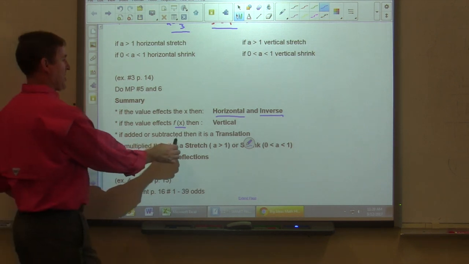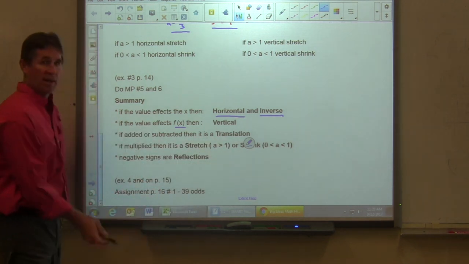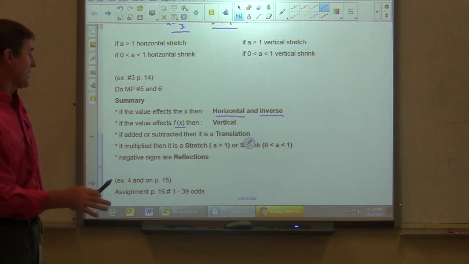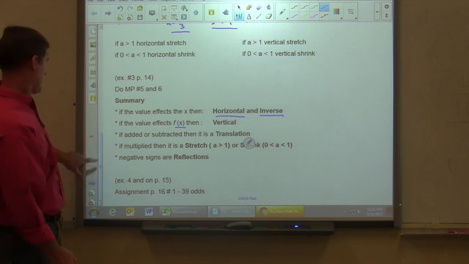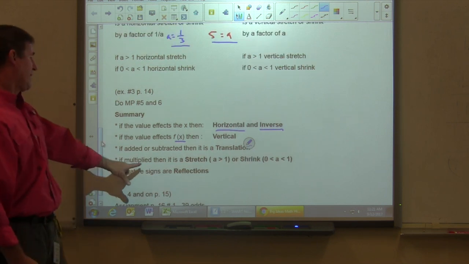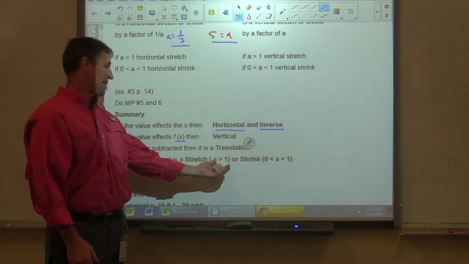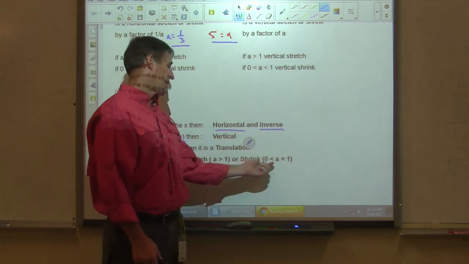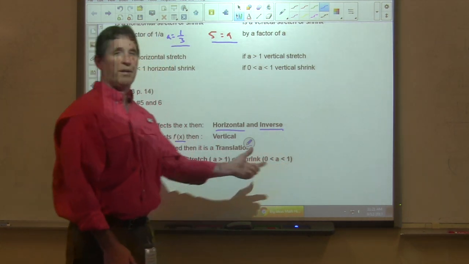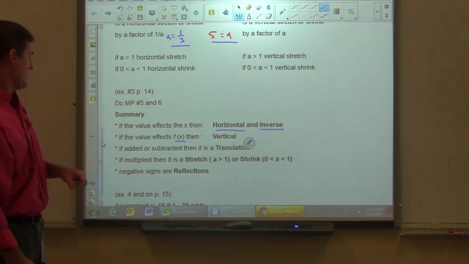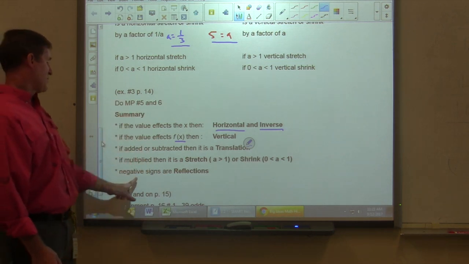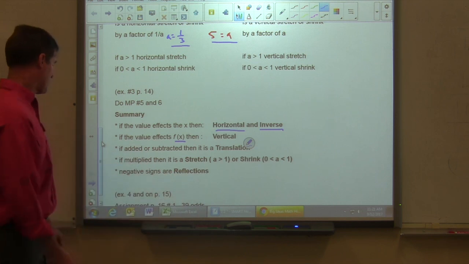If it's added or subtracted, then it's a translation. Okay, all the addition subtractions are translations, either horizontally left and right or vertically up and down. If it's multiplied, then it's a stretch if a is greater than 1. It's a shrink if a is between 0 and 1. Again, remember, if it's horizontal, it is the inverse of what it says. And then always remember negative signs are reflections.